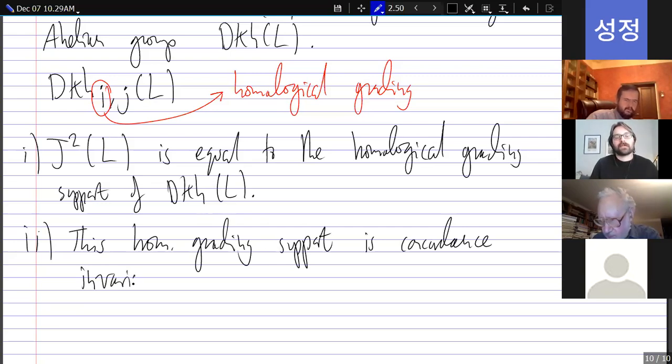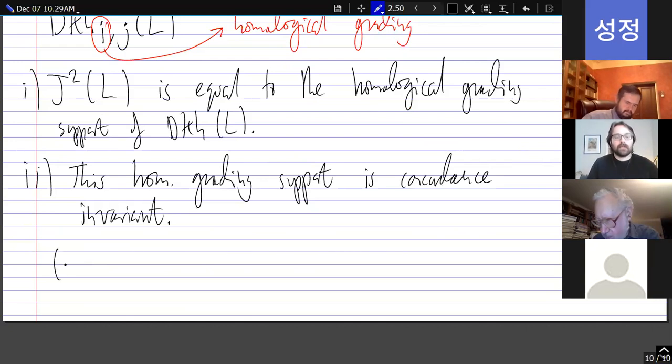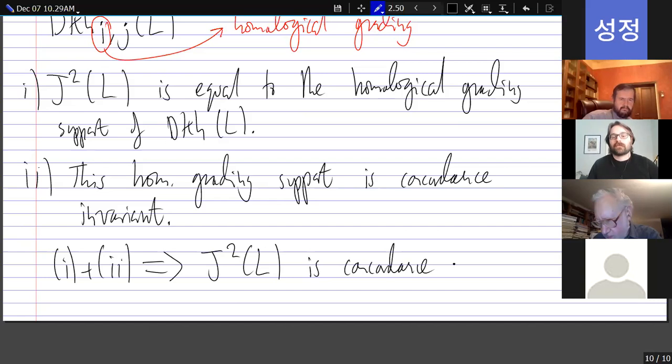And that's something that's not extremely hard to prove, but it does require some work. But then comparing 1 and 2 allows you to conclude that this is a concordance invariant too.